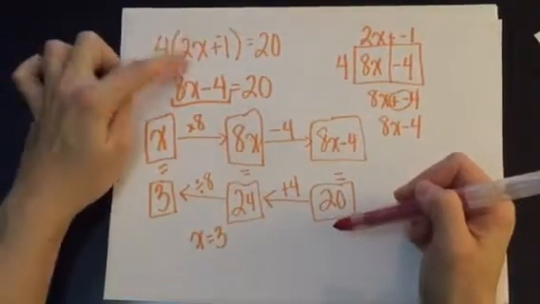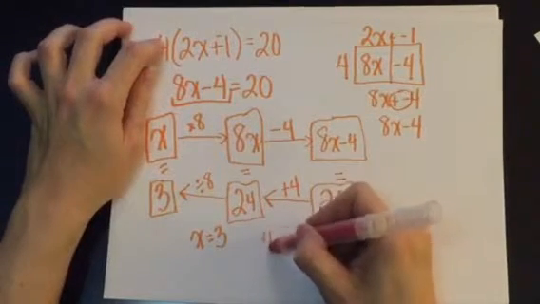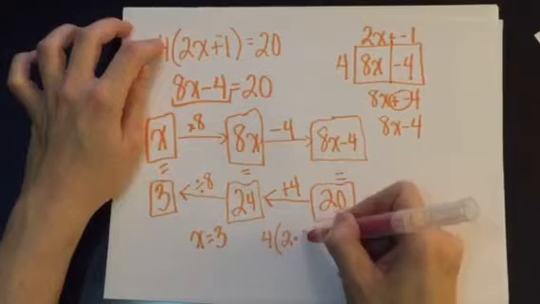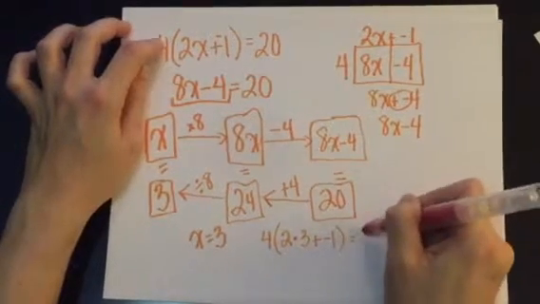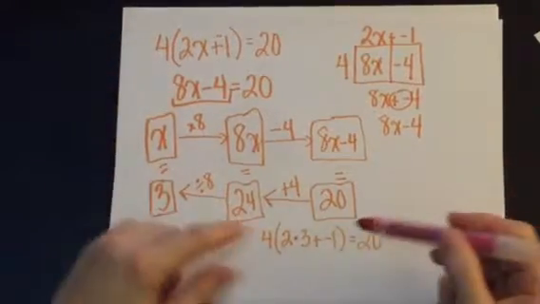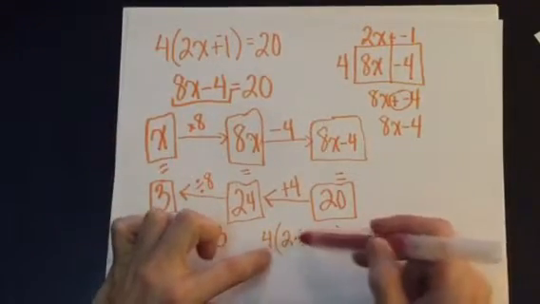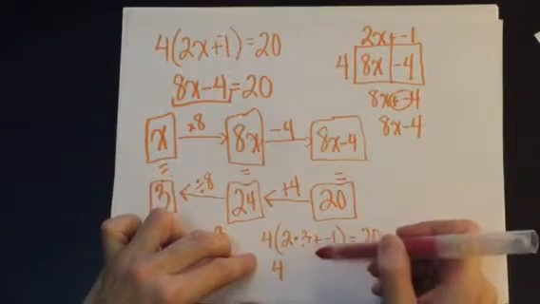So I'm not done. I'm going to substitute this 3 back into the original equation. Okay. Order of operations says grouping symbols first. So I do multiplication. And I know that 2 times 3 is 6.